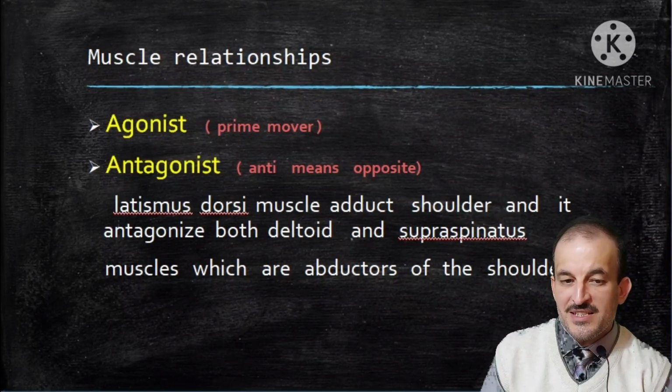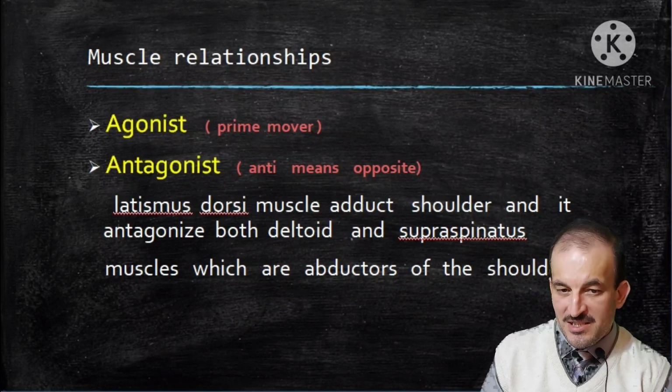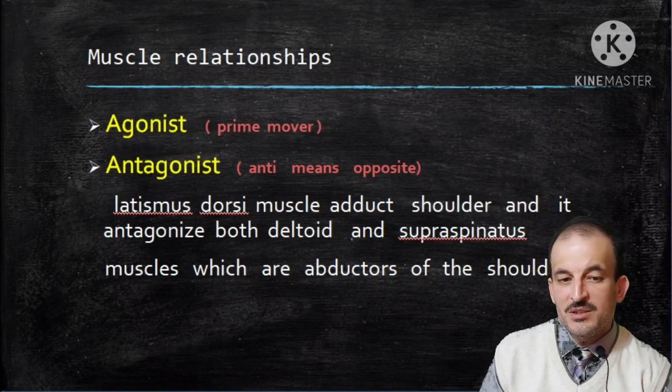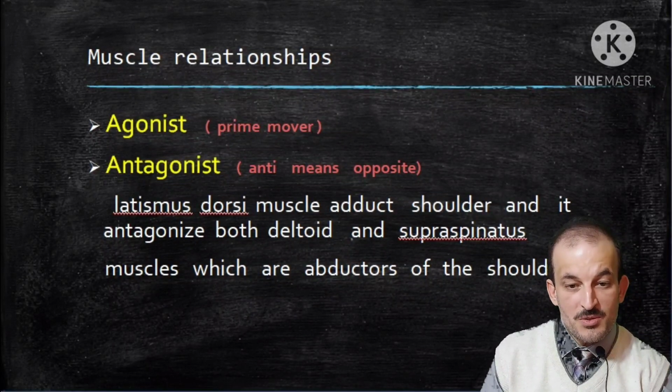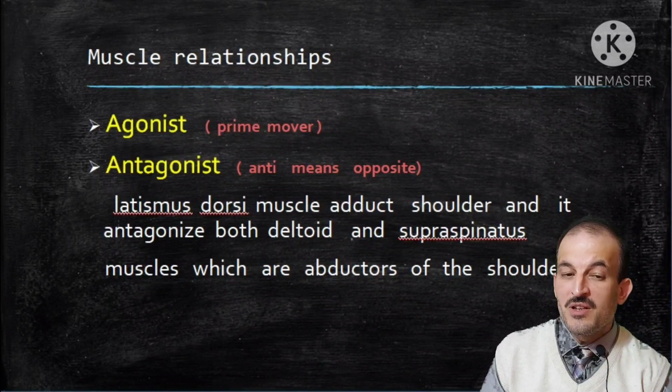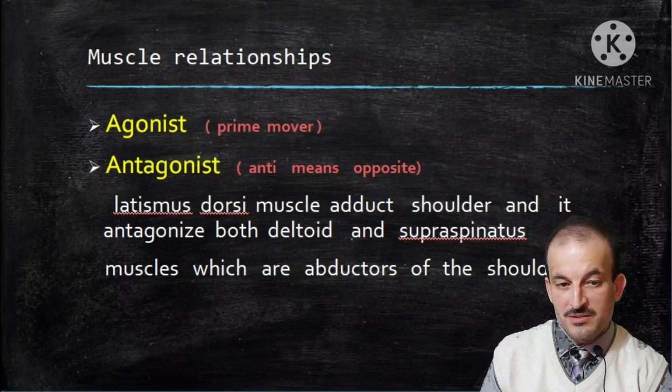For example, the latissimus dorsi muscle adducts the shoulder and it antagonizes both the deltoid and supraspinatus. Another example is the biceps muscle, which causes flexion of the elbow joint, and is called the agonist or prime mover for the flexion of the elbow joint.